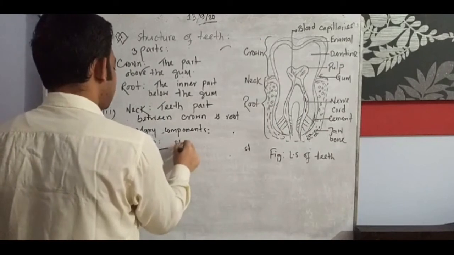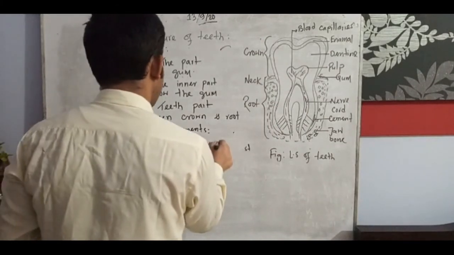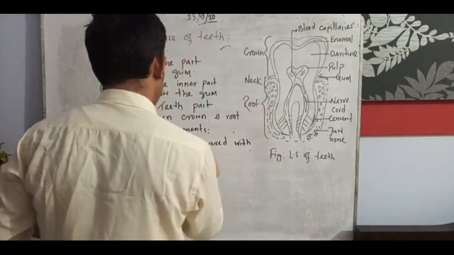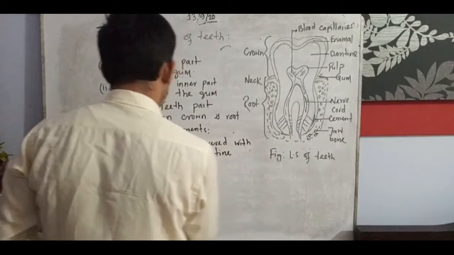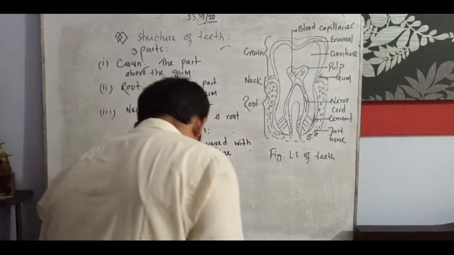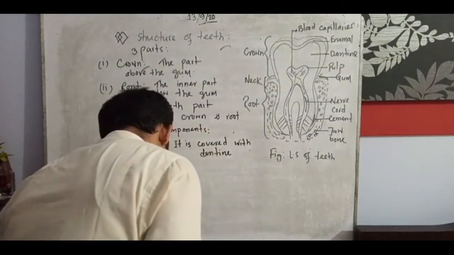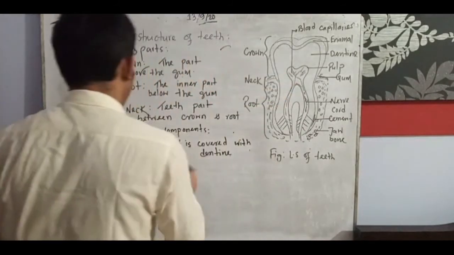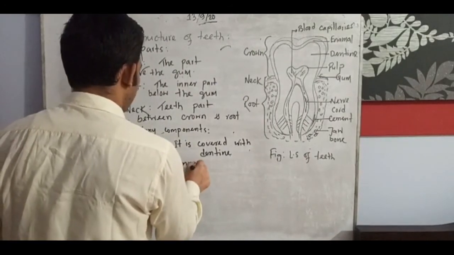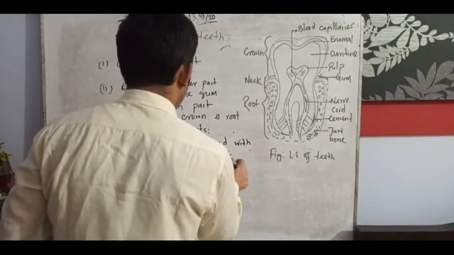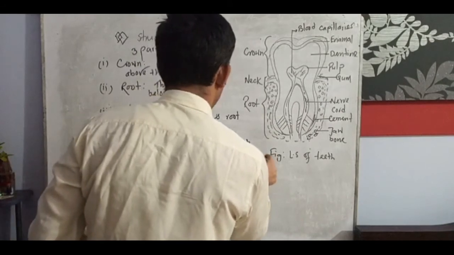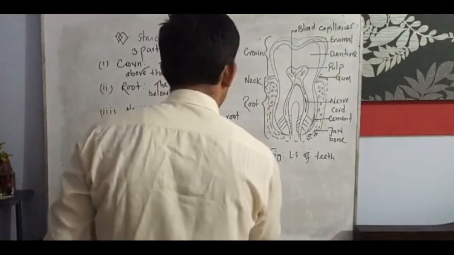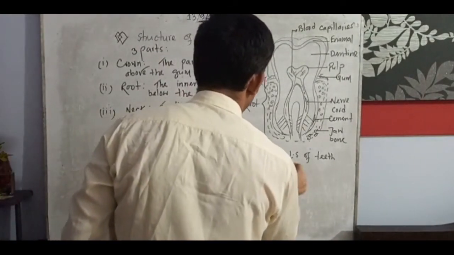It is covered with dentine. We can see there, dentine. It is covered with dentine. The very first point we can write: it is composed of blood vessels, actually artery and vein.